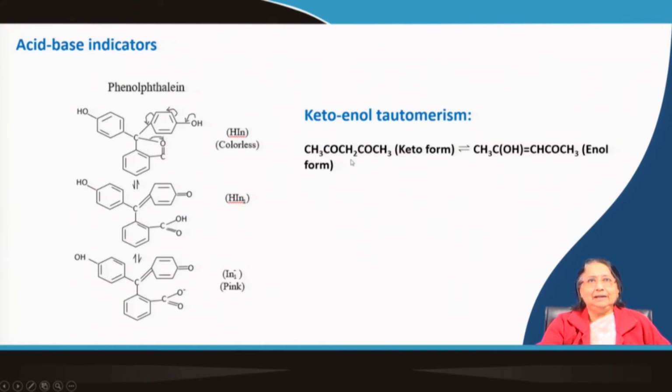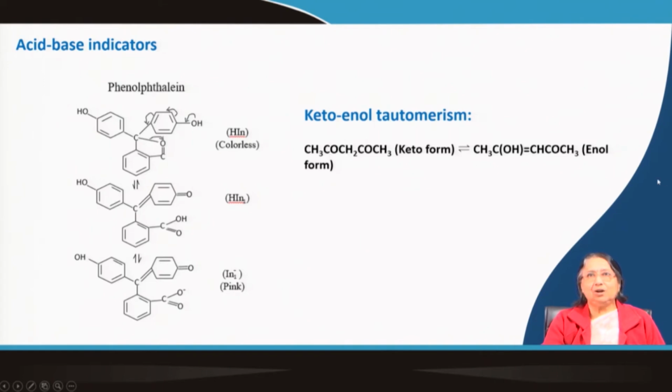It has two ketone groups, C double bond O here and C double bond O here, and these two carbonyl groups are separated by one CH2 group. Here you can see that C double bond O has become COH, and here a double bond is formed between this carbon and this carbon.